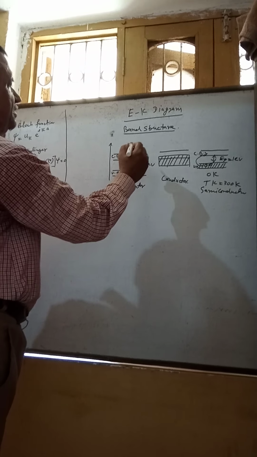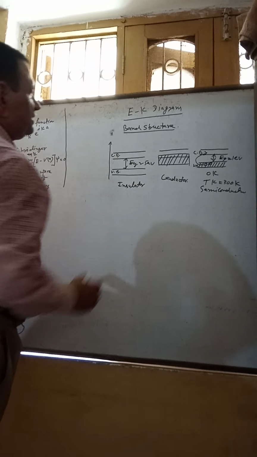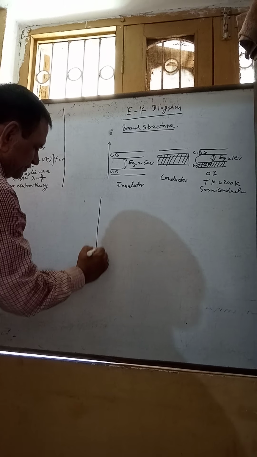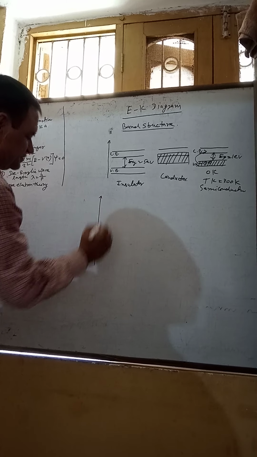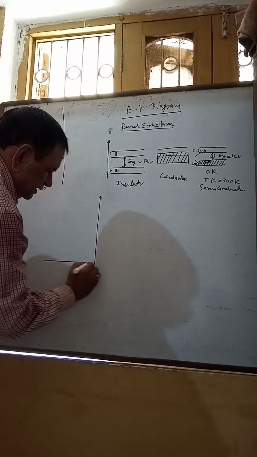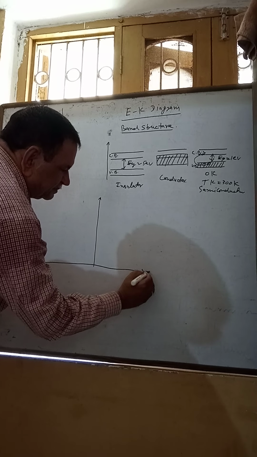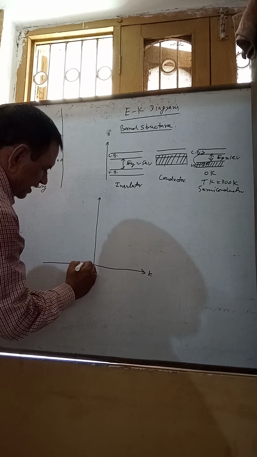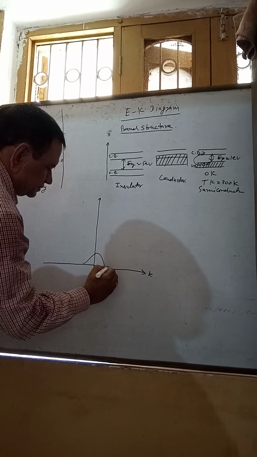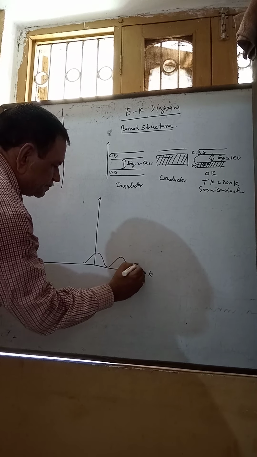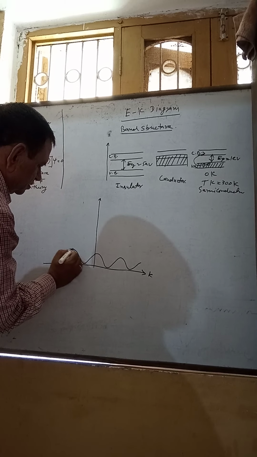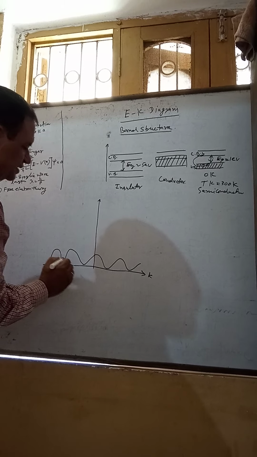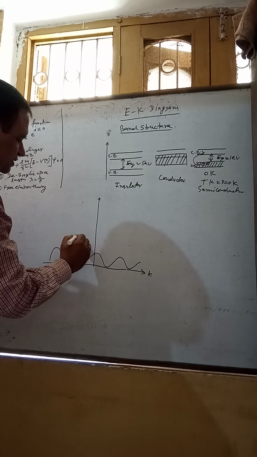If we plot a graph between energy and vector k, then we find a graph like this. This is your EK diagram.